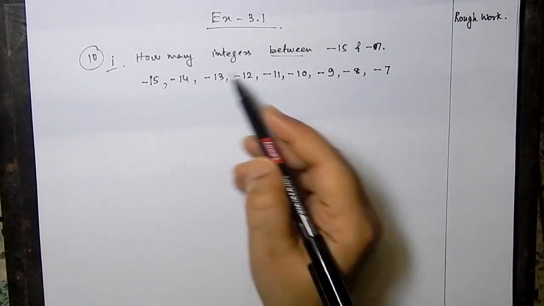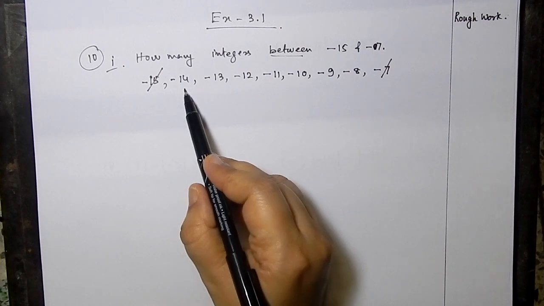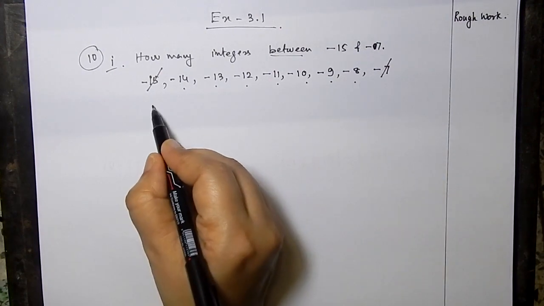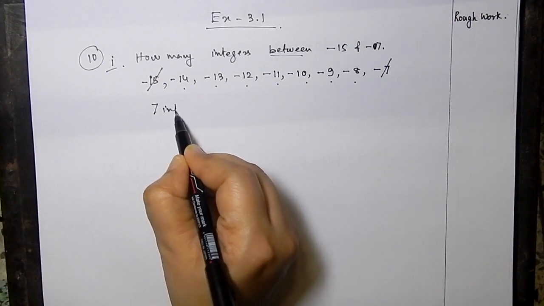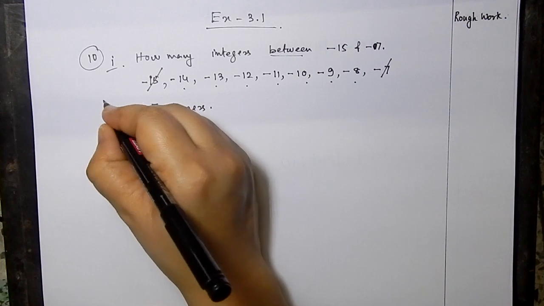So it's between, so I will not count these two numbers. Let's count how many? 1, 2, 3, 4, 5, 6, 7. So there are 7 integers. This is the first method.